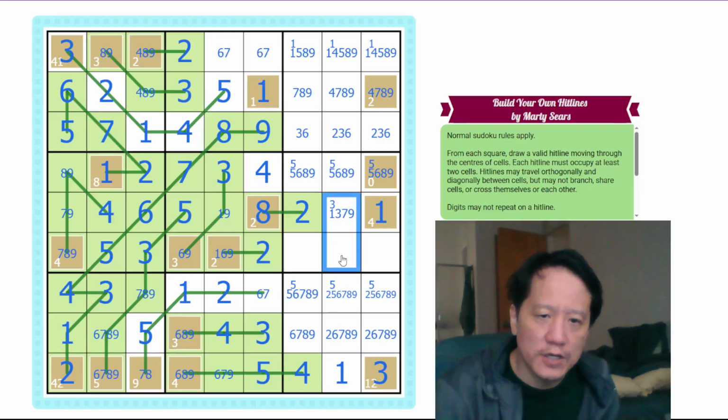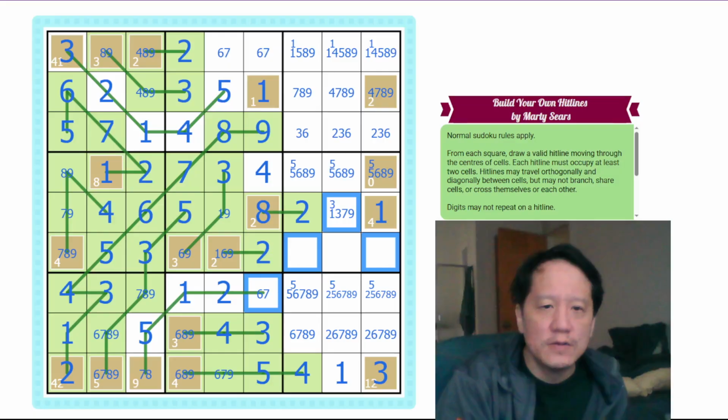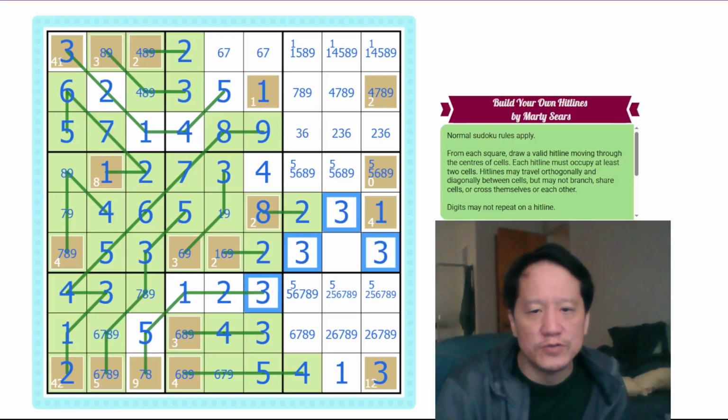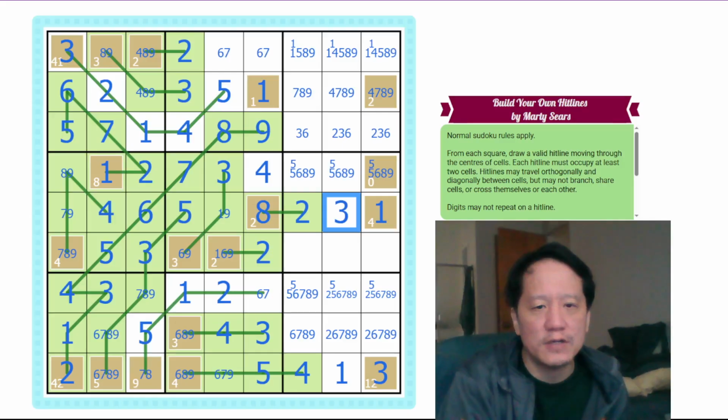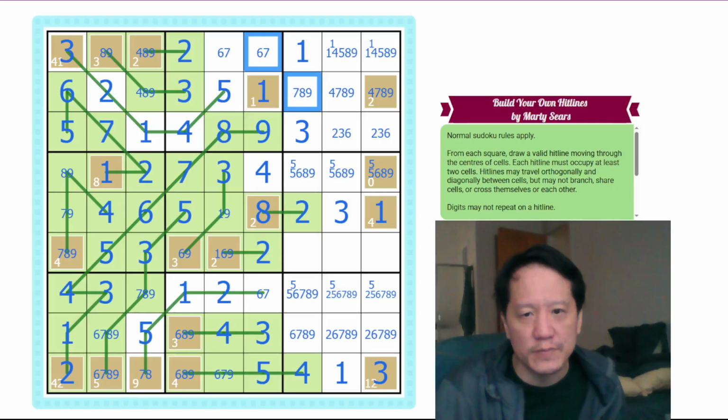So we need 3, 5, 6, 7, 8, 9. I guess it could do something like that. This would be... Oops, not all of those would be 3. This would be 3 here. This would be 1. So this would have to go this way.